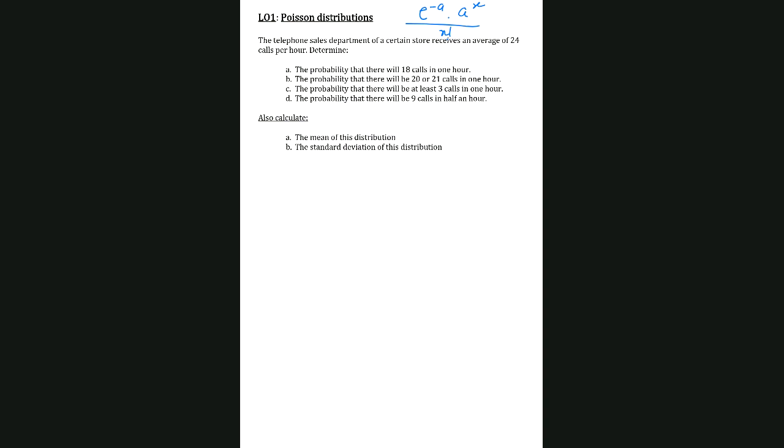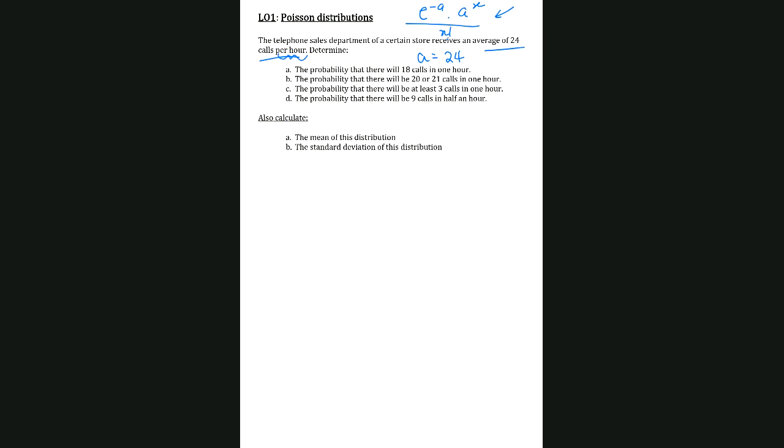So without further ado, the question says that the telephone sales department of a certain store receives an average of 24 calls per hour. So your average, which is denoted by the symbol a in the formula above, is in this case 24. And please bear in mind that they have said to you that this is the average per hour.